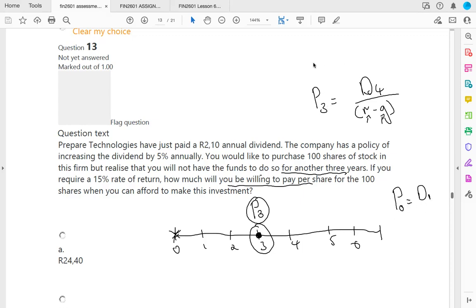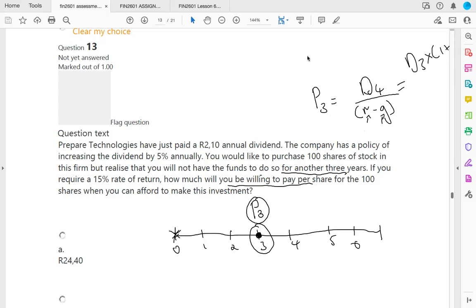If we're at time 3 and we want the price of the share, we take our dividend at time 4 divided by the required return minus the growth. And an important thing to note, this formula is just the same as saying D3 multiplied by 1 plus G over R minus G. Okay, so that's the idea. That's how we get the price that we're looking for at time 3.